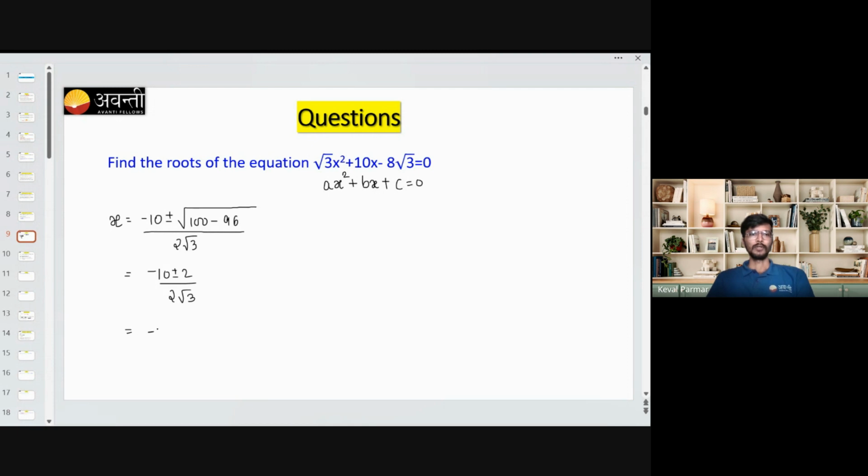So I got one of them as minus 10 minus 2 by 2 root 3 and minus 10 plus 2 by 2 root 3. Just a second, I'll bring some water.